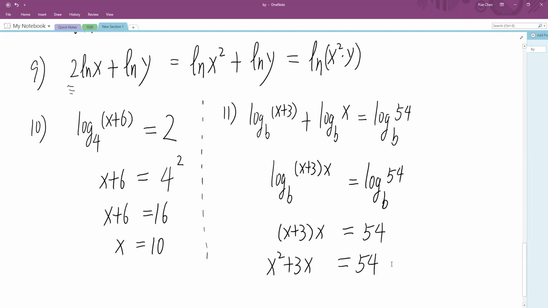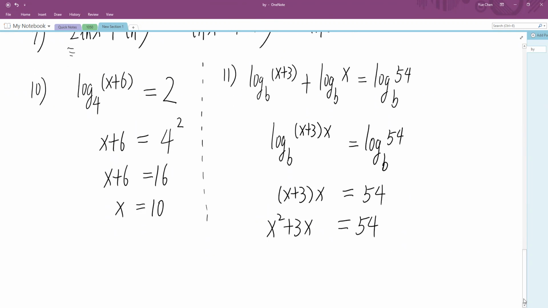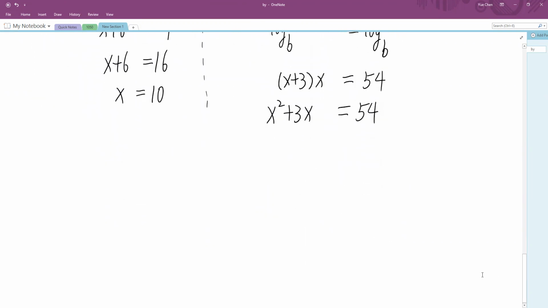Let's continue. x squared plus 3x minus 54 equals 0, right? Then we can use factorization or the quadratic formula. But for most problems, we just use factorization.